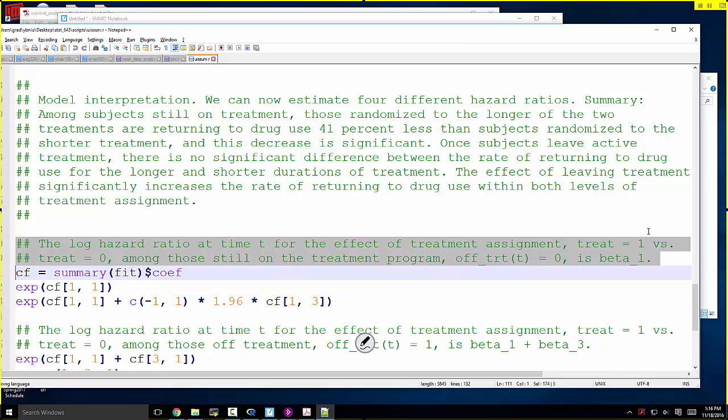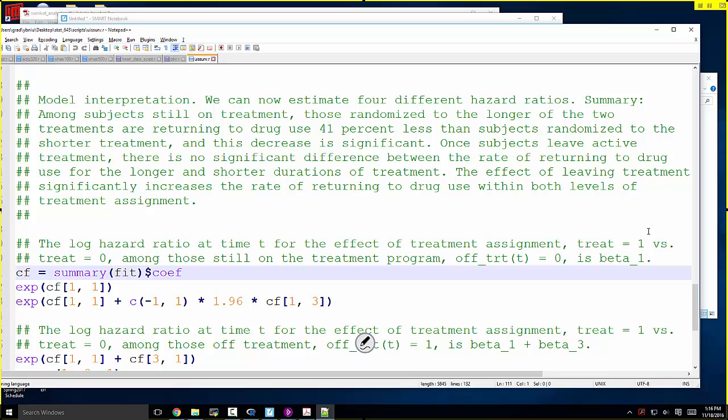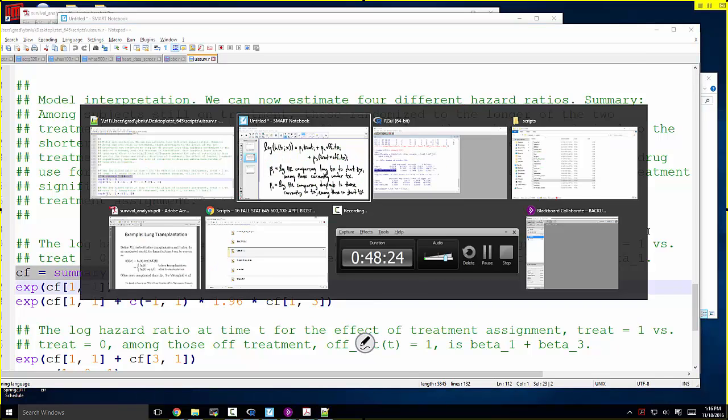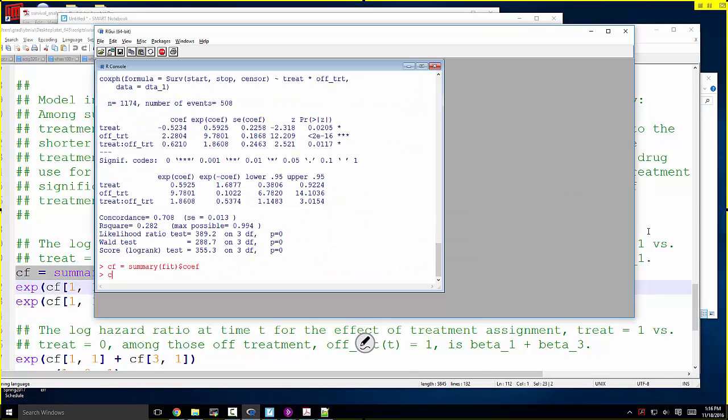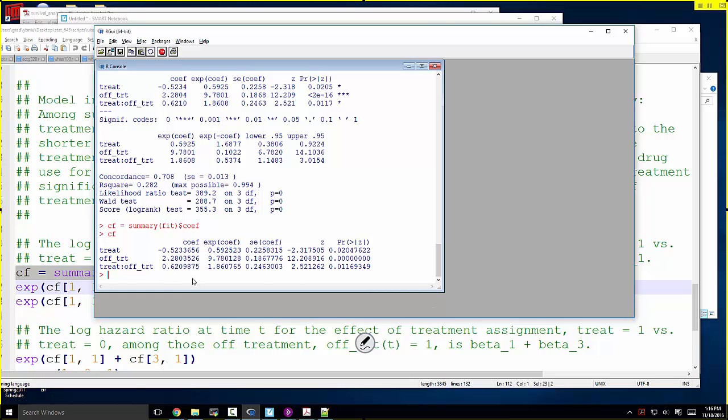So here I'm going to get the coefficient estimates from the model, beta hats, beta 1 hat, beta 2 hat, beta 3 hat. So let me look at what that looks like. CF. This is the table of coefficient estimates from the Cox model.